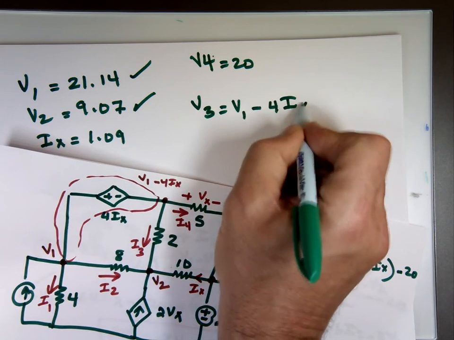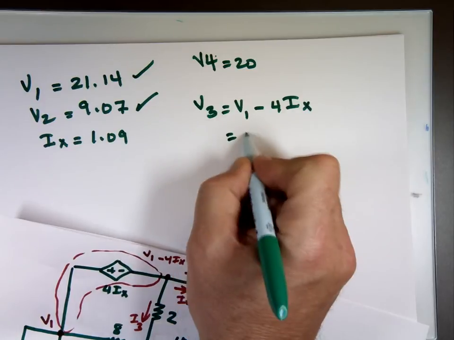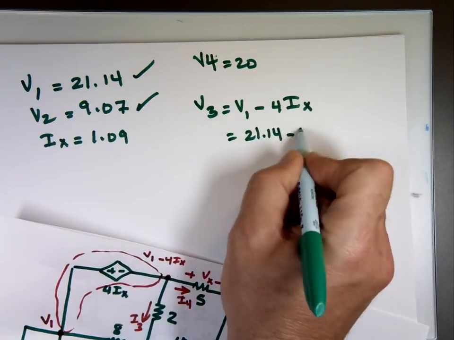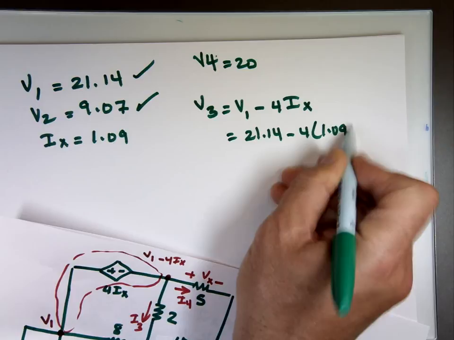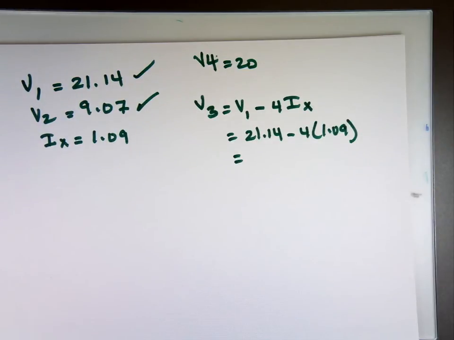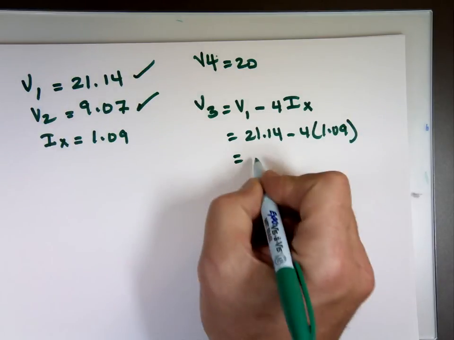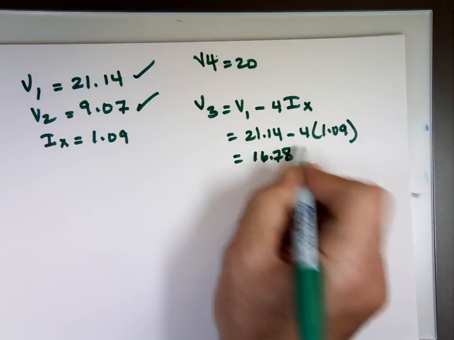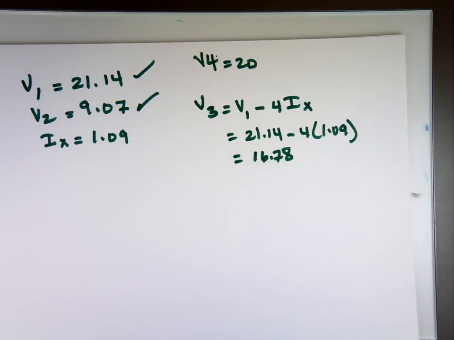V1 is what? 21.14 minus 4 times 1.09, which is 16.7. 9.07, 21. Oh, we got it right.